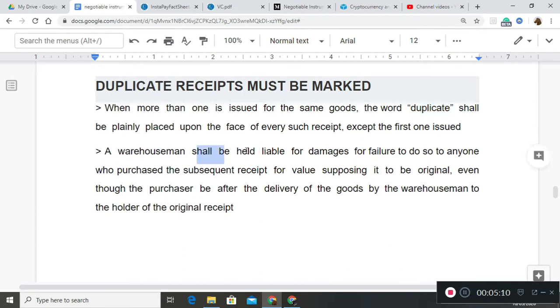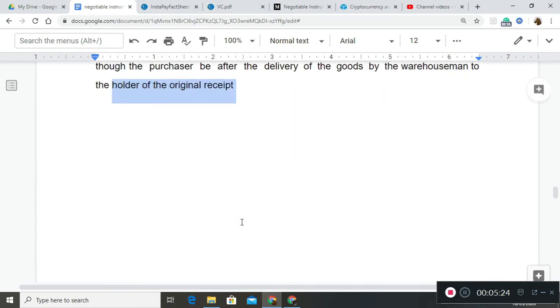Our warehouseman shall be held liable for damages for failure to do so, because that would cause confusion with the holder of the original receipt.